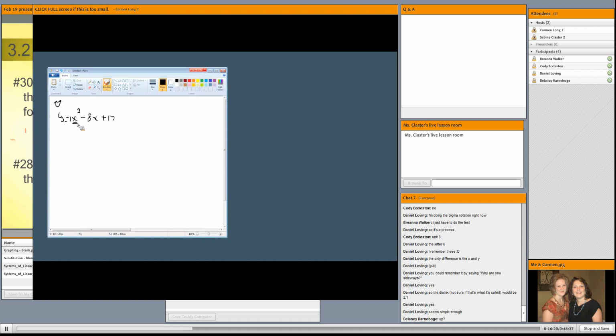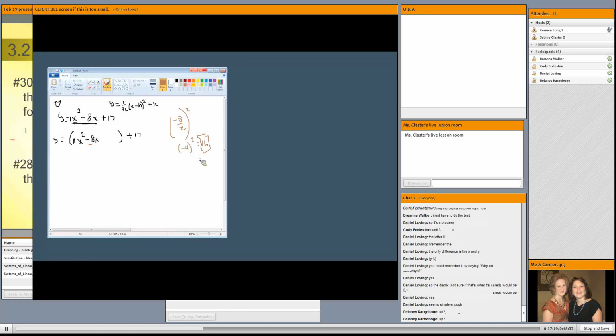We're going to leave the square so we don't have to do any extra work for that, which is nice. And then we're going to take our middle term, half it, and square it. So half of negative 8 is negative 4. Negative 4 squared is 16. That's our special, lovely, complete the square number.